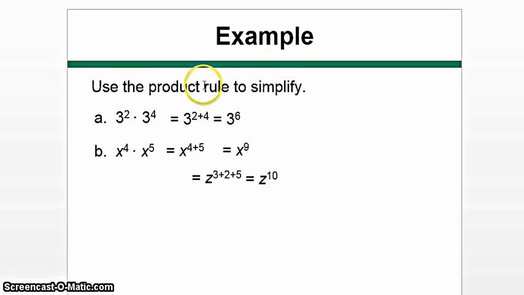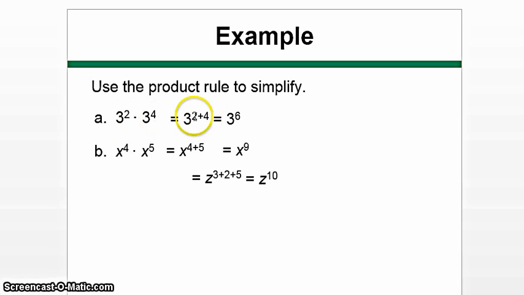Example, 3 squared times 3 to the power 4. Here 3 is the base, which is common for both expressions. Their multiplication will be 3 to the power 2 plus 4. Here 2 and 4 are the exponents of the two expressions.